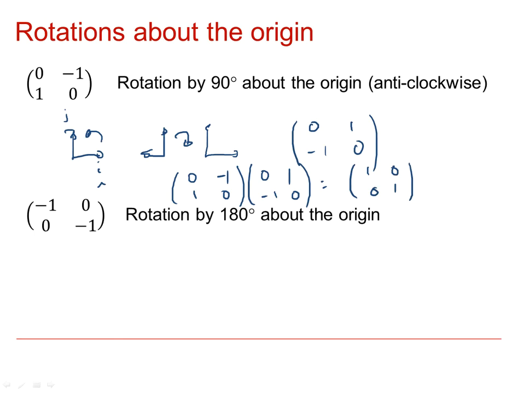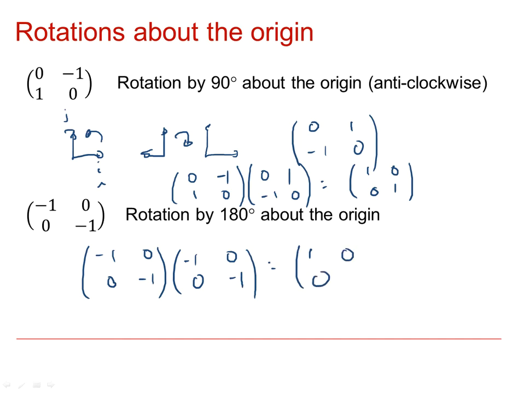A rotation by 180 degrees about the origin we can consider as self-inverse, because if we rotate 180 degrees twice, we end up at 360 degrees, which is back where we started. So we should expect this to be self-inverse, and checking by multiplying by itself, you end up with the identity matrix. So yes, rotation 180 degrees is self-inverse.